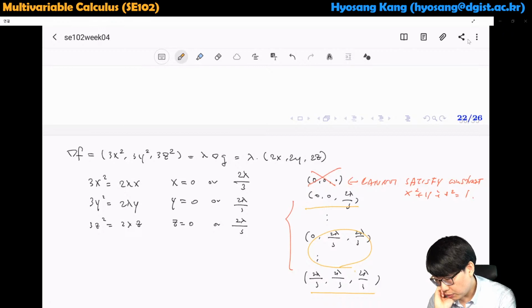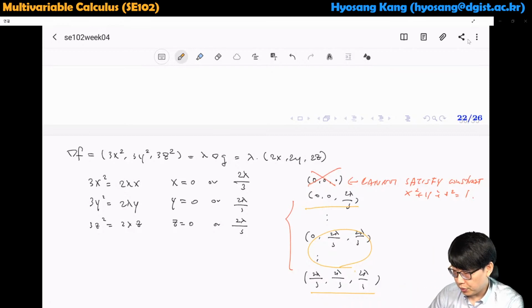So how do you check whether this is a saddle or not? There is no systematic way. There's no systematic way to check whether this is a saddle or local minimum or local maximum. The only and best way is to look at the neighbor points and see how the value of function f changes if you move your point a little bit in every direction.